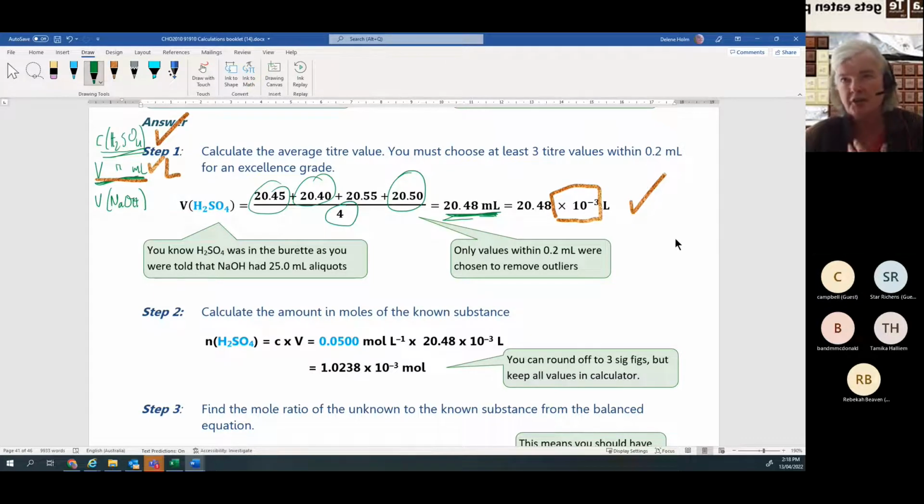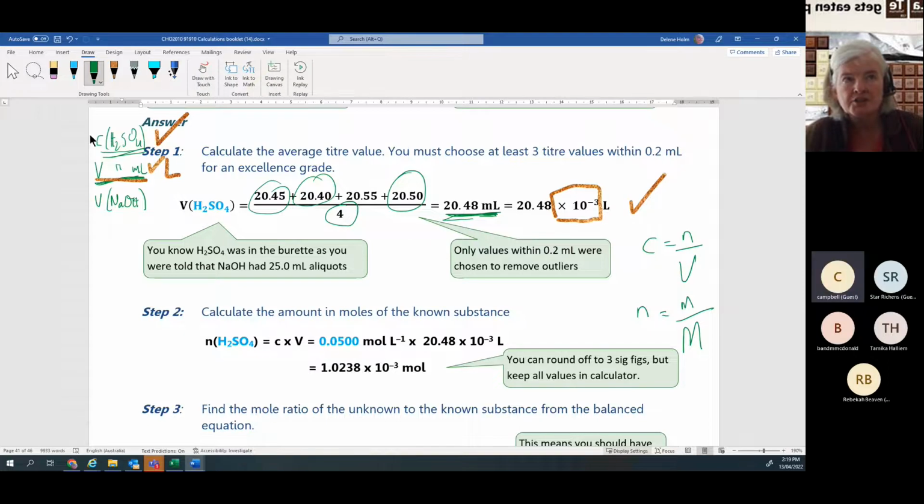So I just say, think of a formula that's given to you where you know 2 out of the 3 things and then calculate the third. The 2 formulas you are given are C is equal to n over V, and n is equal to small m over big M. Which one of these 2 would you use?